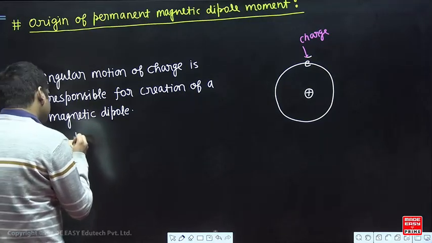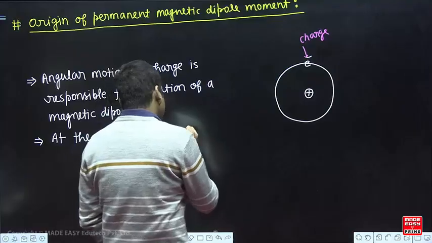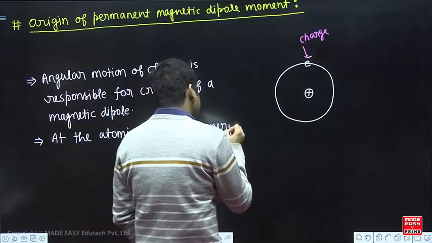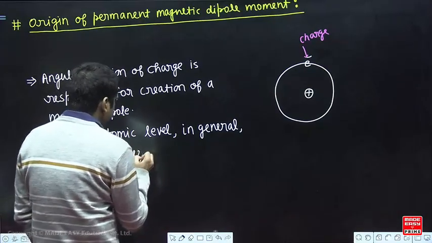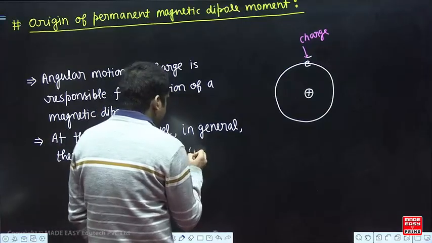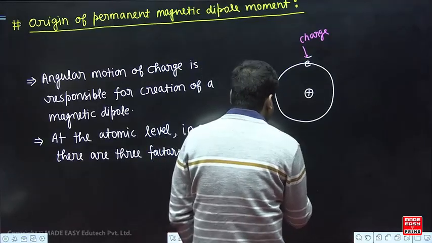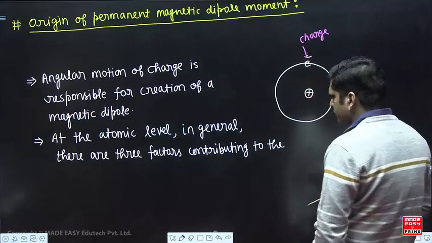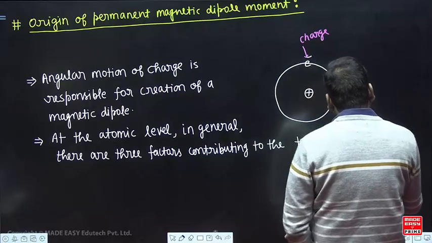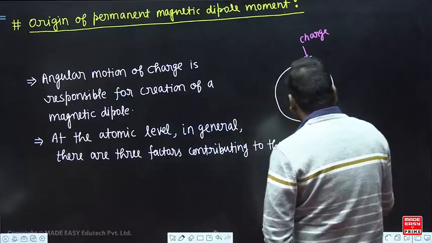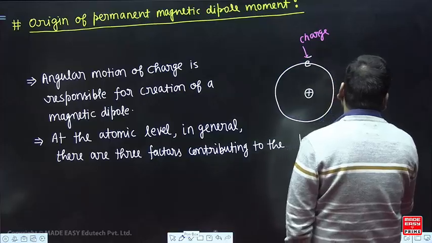At the atomic level, in general, there are three factors contributing to the total magnetic dipole moment, to the permanent dipole moment of an atom.